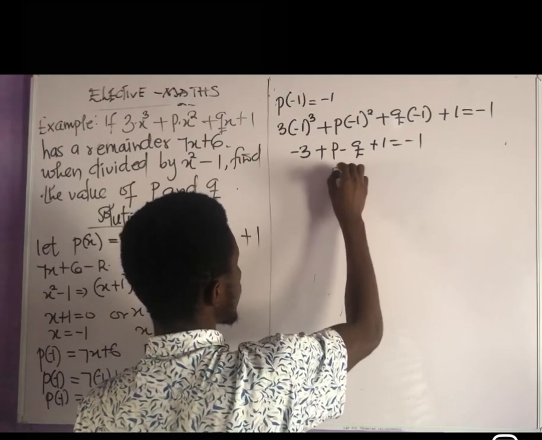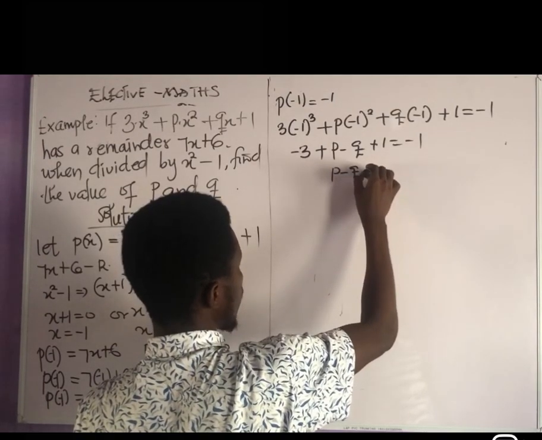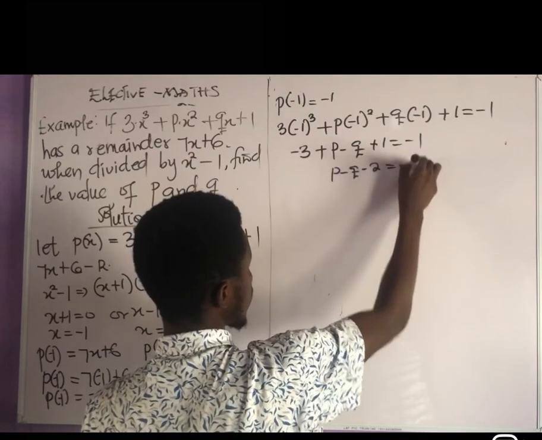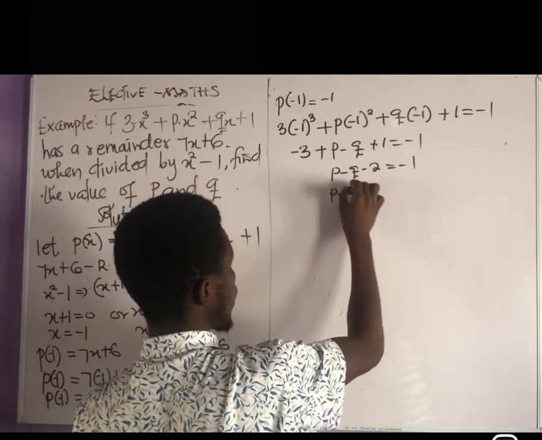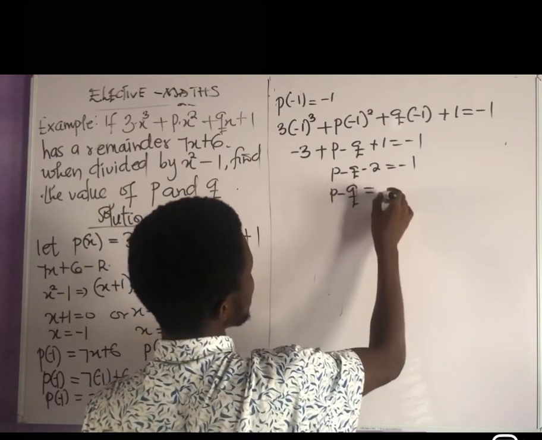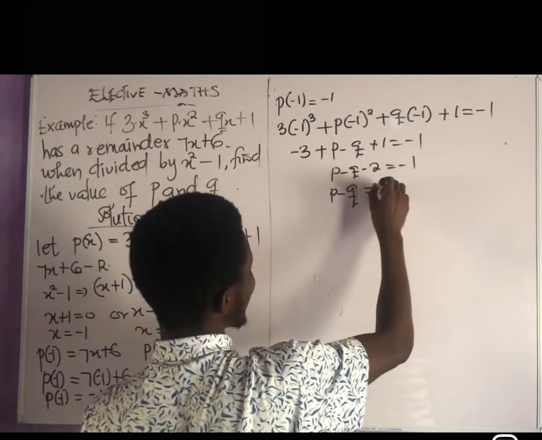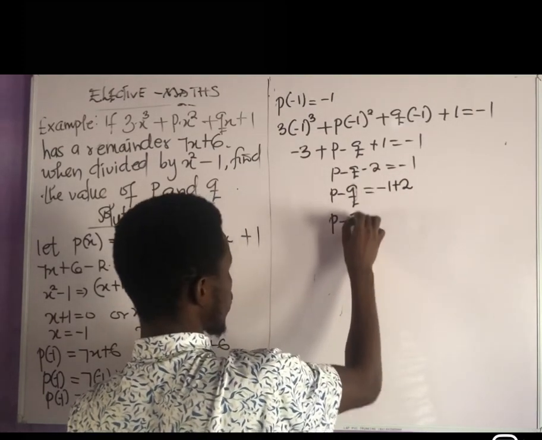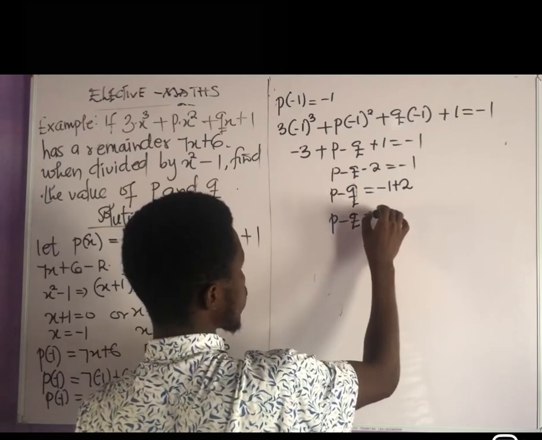So we have p minus q, and negative 3 plus 1 is negative 2, equals negative 1. So p minus q is equal to negative 1 plus 2. So p minus q will give us 1.